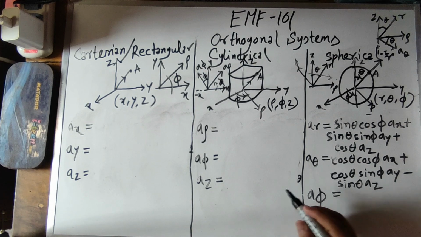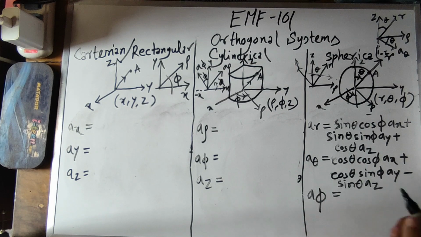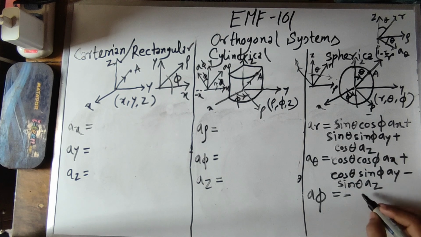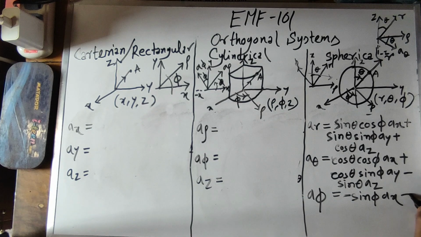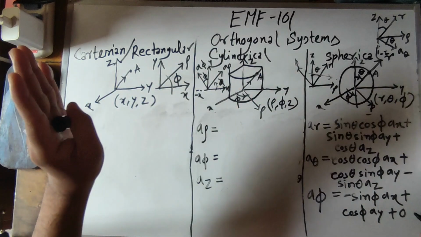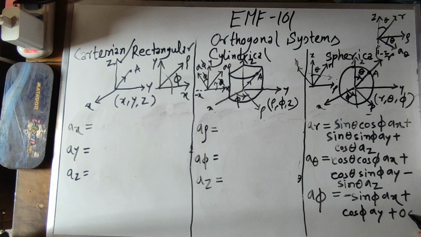Now a phi in terms of xyz, from this diagram we can see that a phi has a minus sine phi component with ax and plus cos phi with ay, and a 0 component in the direction of az, because phi is perpendicular to az, so no component.